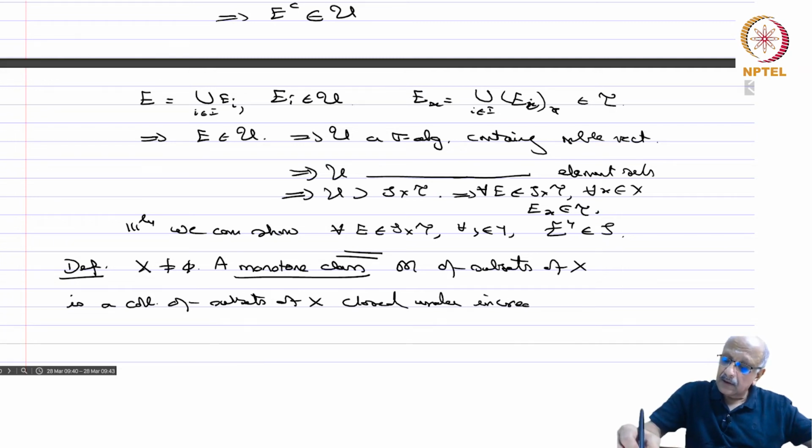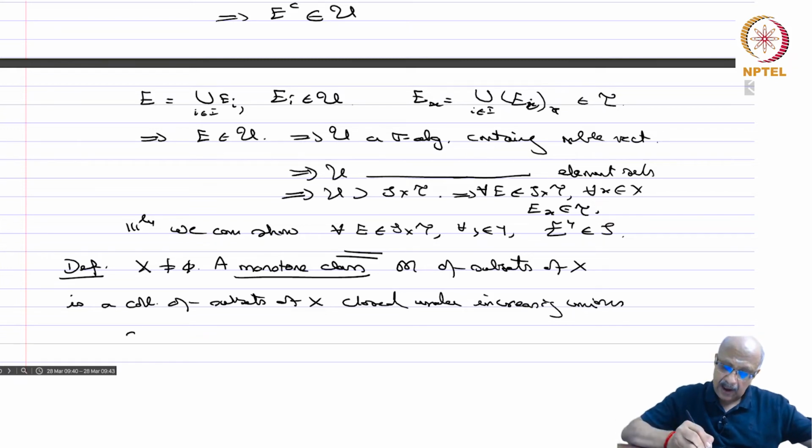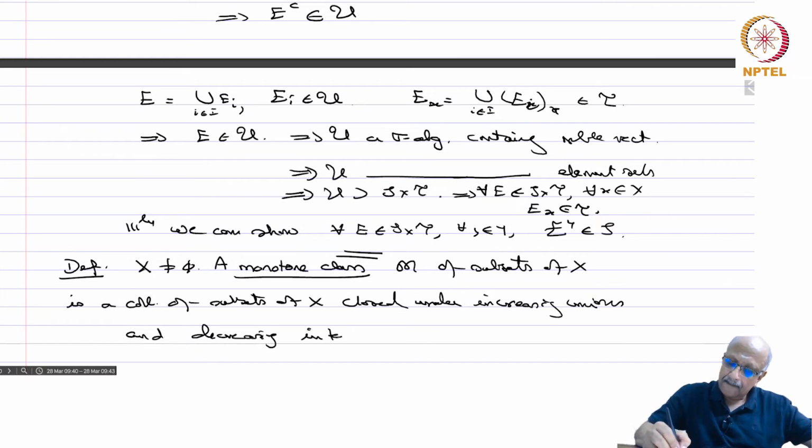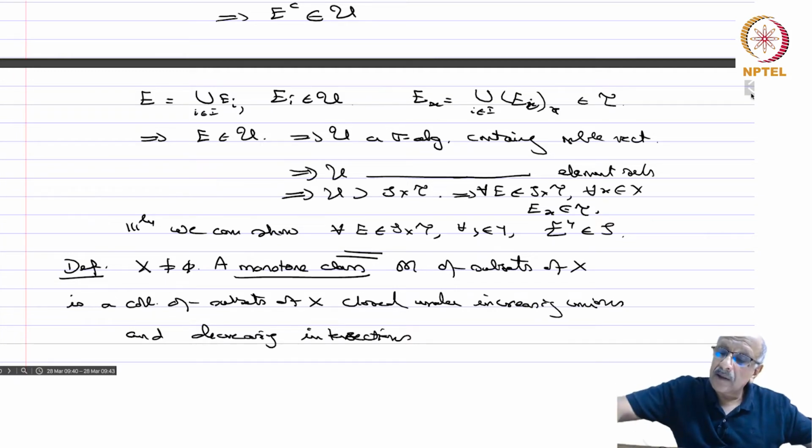increasing unions and decreasing intersections. What does that mean?